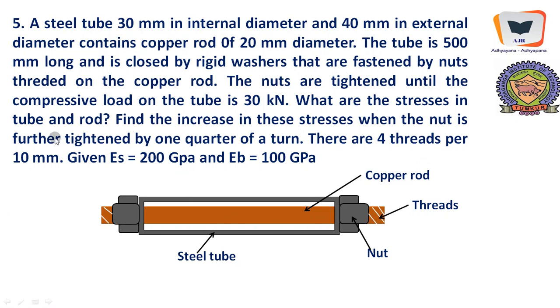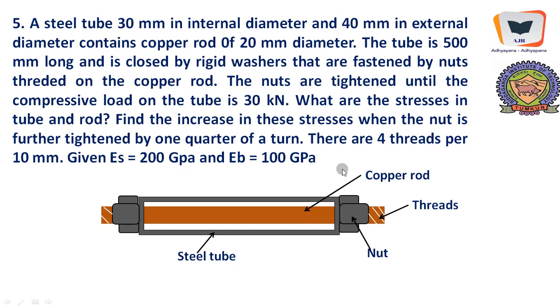What are the stresses in the tube and rod? Find the increase in these stresses when the nut is further tightened by 1/4 of a turn. There are 4 threads per 10 millimeter. That means one thread will take this particular nut by 10 by 4, that is 2.5 millimeter, and it is not turned completely, it is turned just by 1/4 of a turn.